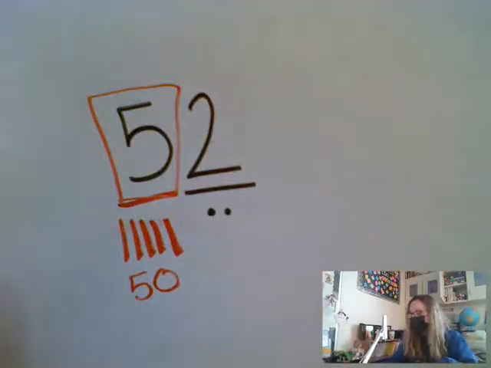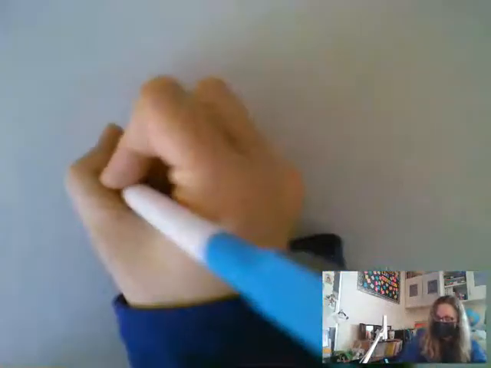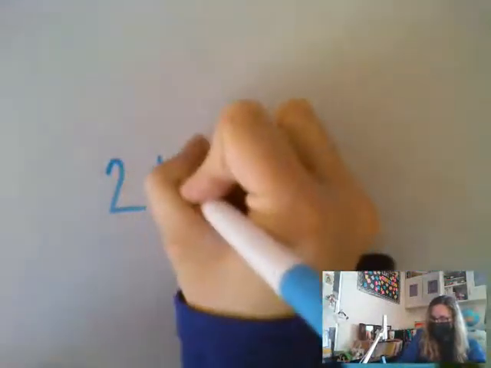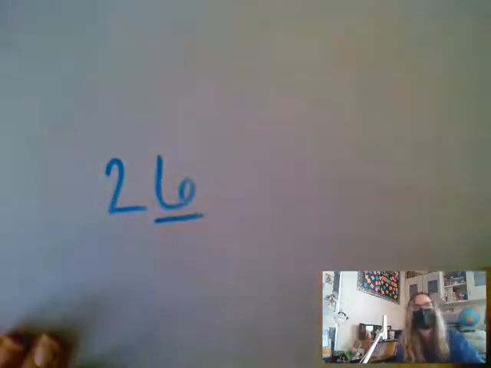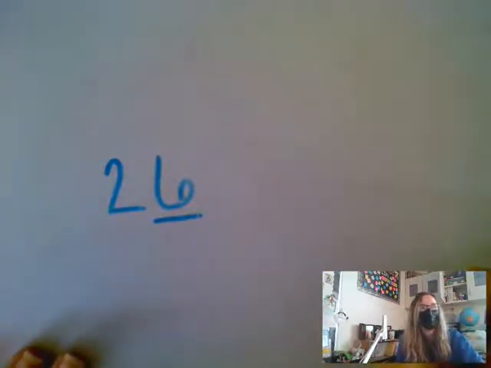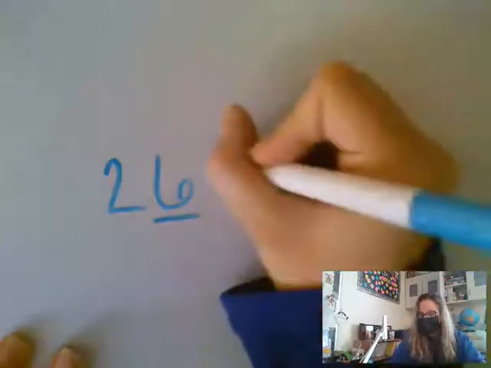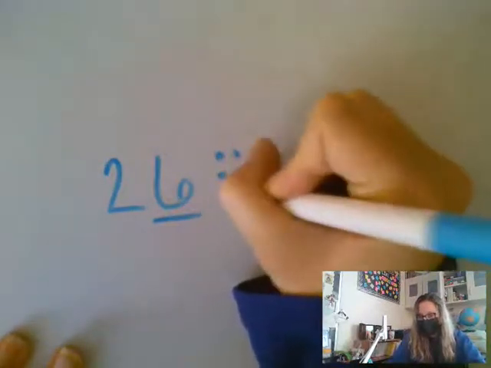Let's try another one. Oh, that red doesn't really like to erase easy. Let's try the number 26. What is the value of the underlined number? How much is the underlined number? Beckett? 6. 1, 2, 3, 4, 5, 6.